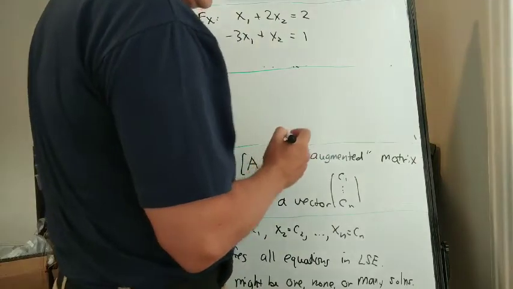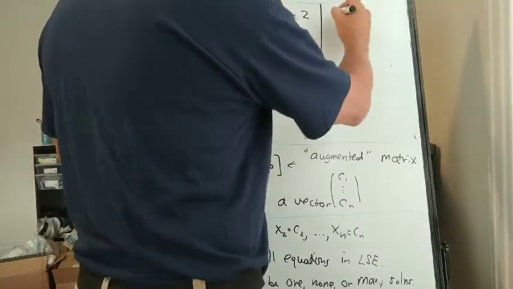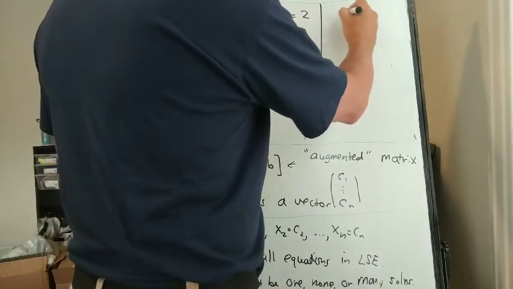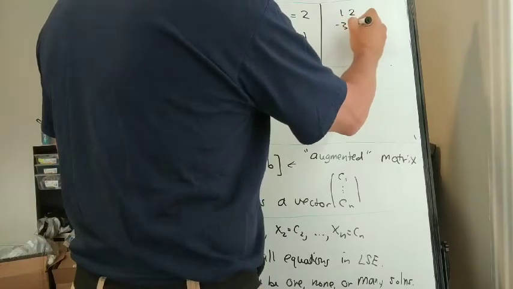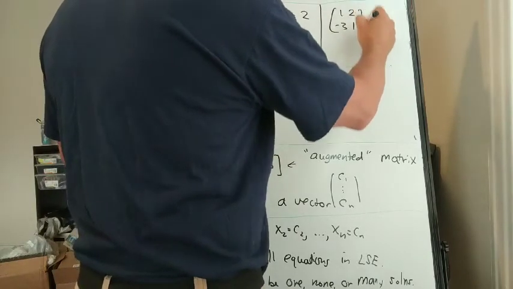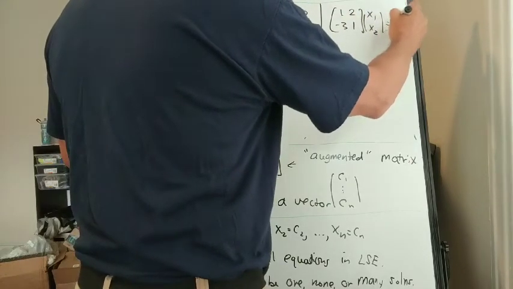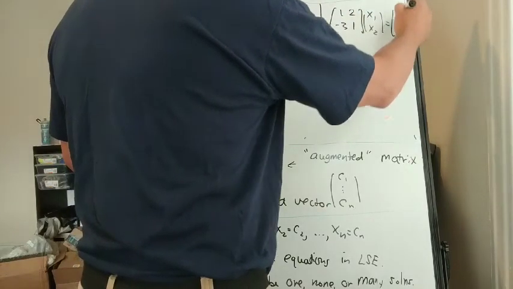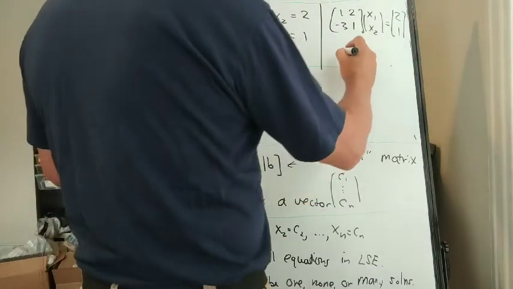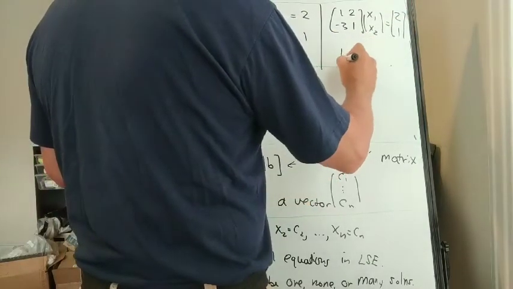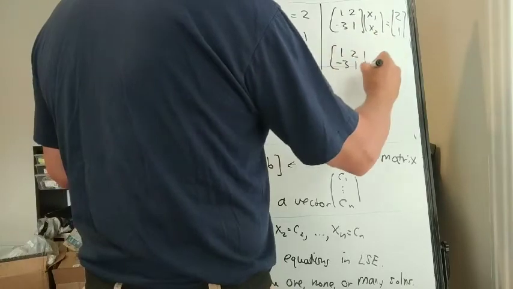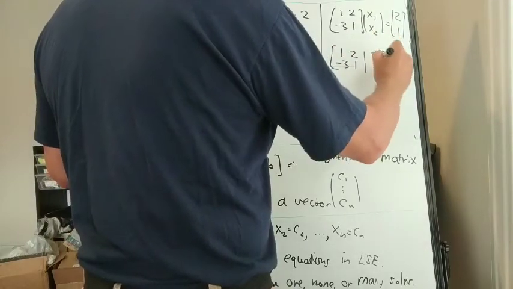And in shorthand, this is the matrix 1, 2, negative 3, 1 times x1, x2 equals 2, 1, or just 1, 2, negative 3, 1, vertical bar 2, 1.